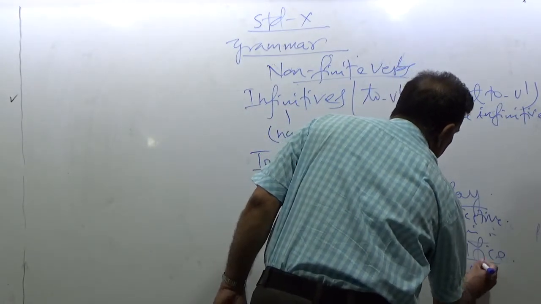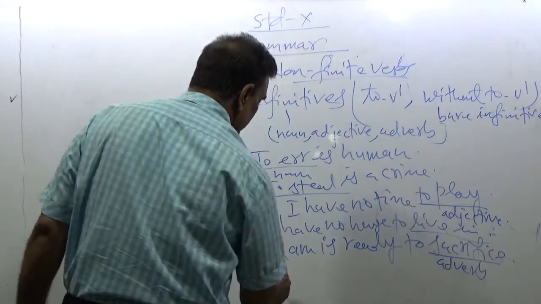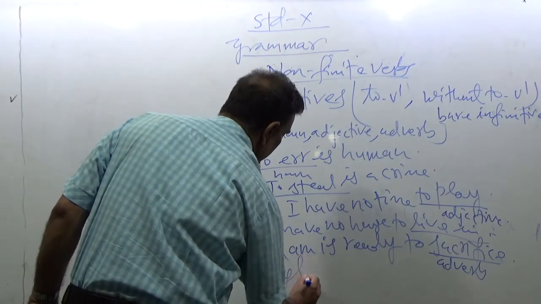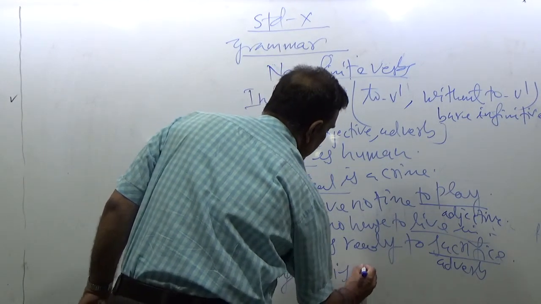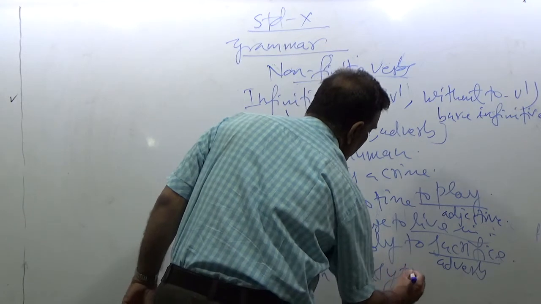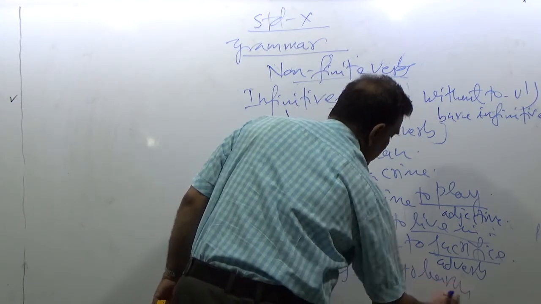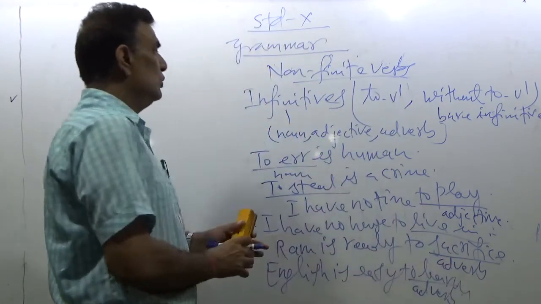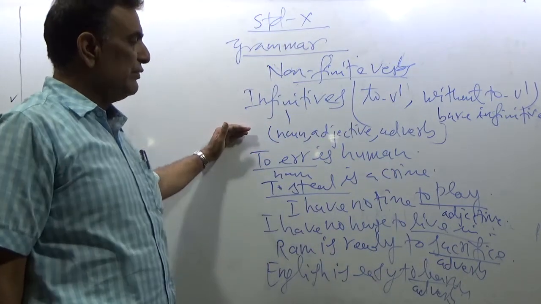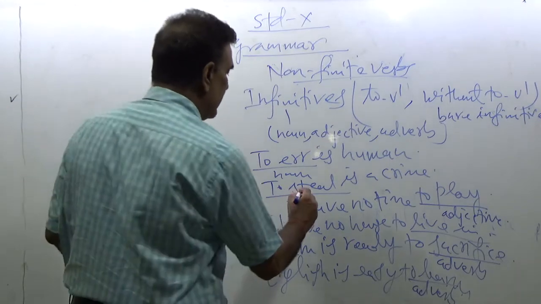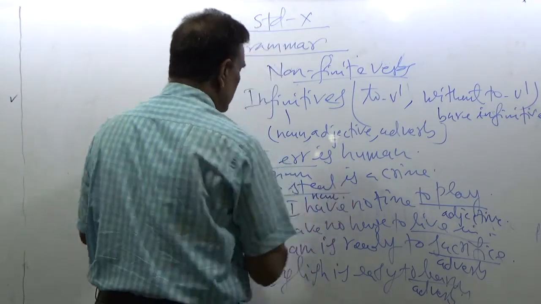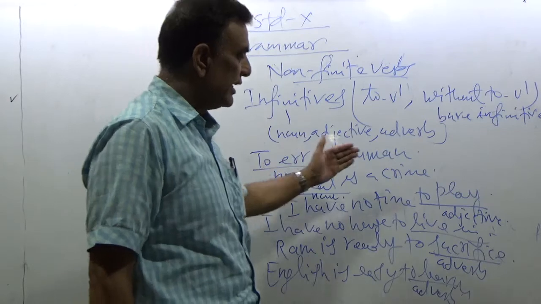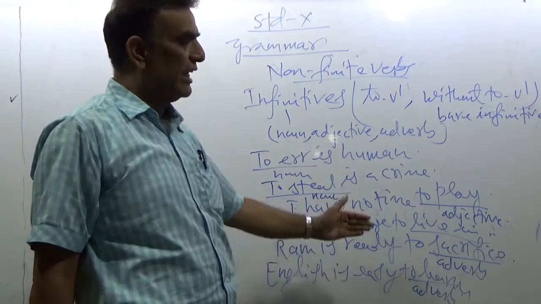Adverb. English is easy to learn. Adverb. See how the to infinitive is functioning as a noun, as an adjective, and as an adverb.